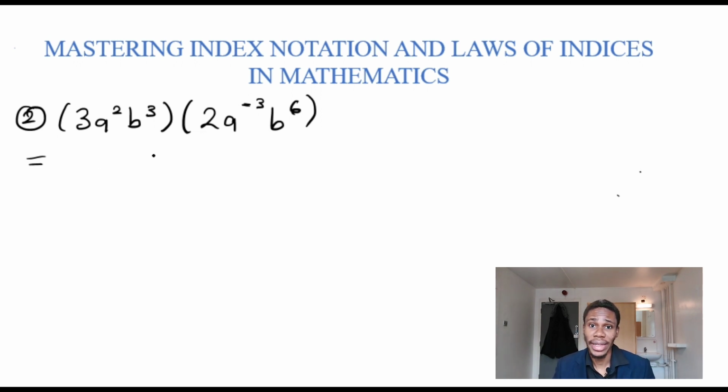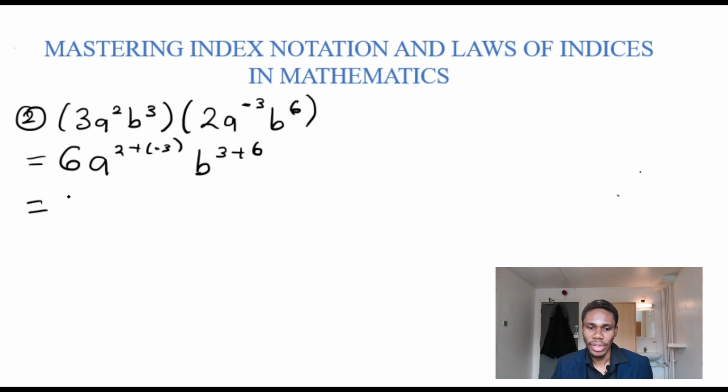When they multiply, it gives us 6. A squared multiplying a to the power minus 3. They are multiplying, they have the same base, we add the exponents. So a exponent 2 plus minus 3. We have b exponent 3 plus 6.